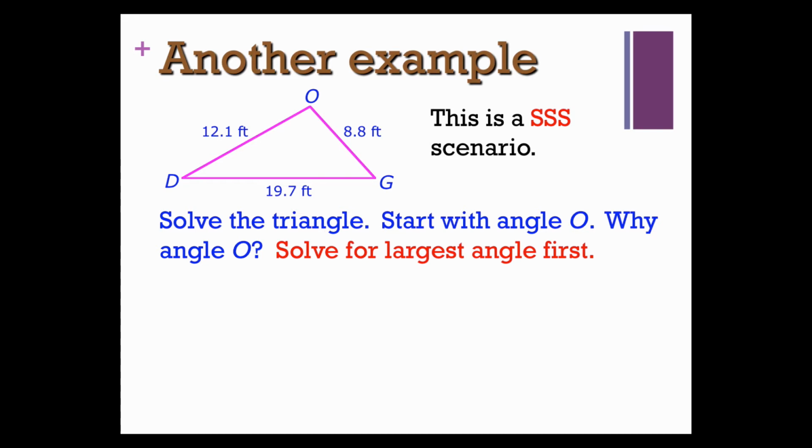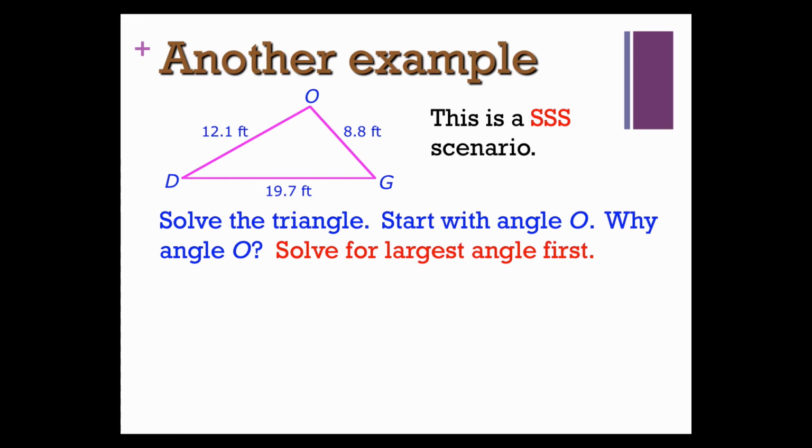In the law of cosines in the side-side-side scenario, we always solve for the largest angle. That avoids the weirdness. So which angle are we solving for? We are going to solve for angle O.